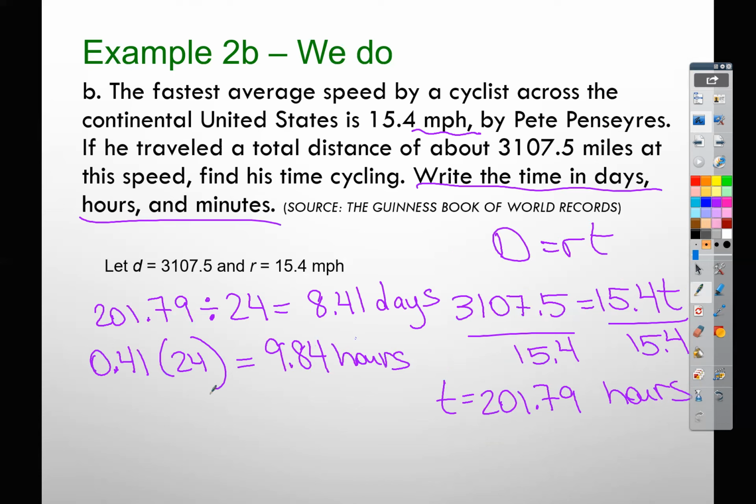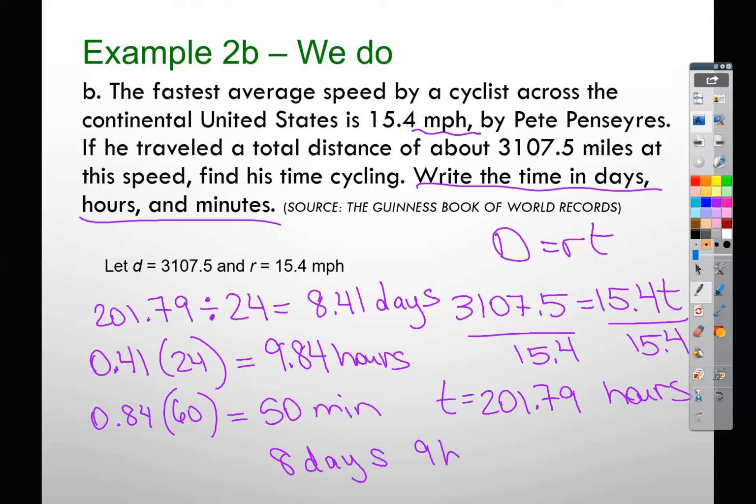But you still want minutes. So you take the 0.84. How many minutes are there in an hour? 60. So you multiply that and you get 50. So it takes him 8 days, 9 hours, and 50 minutes.